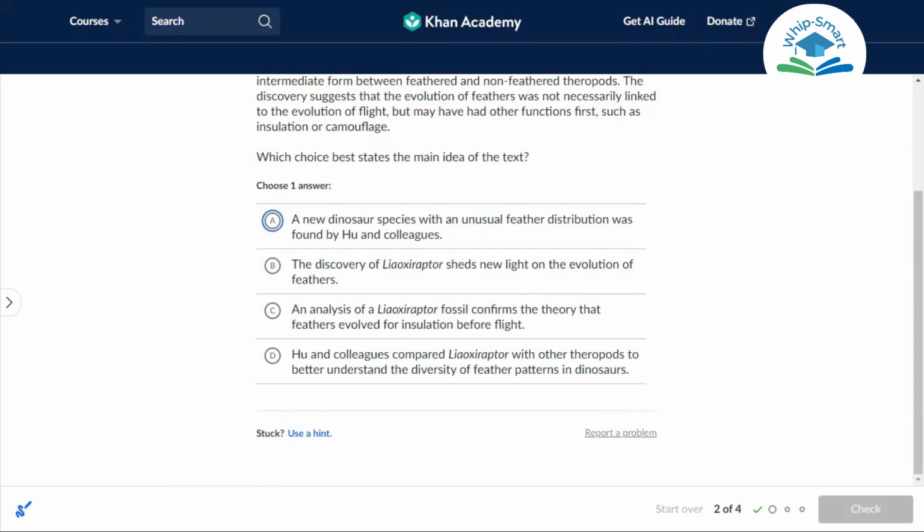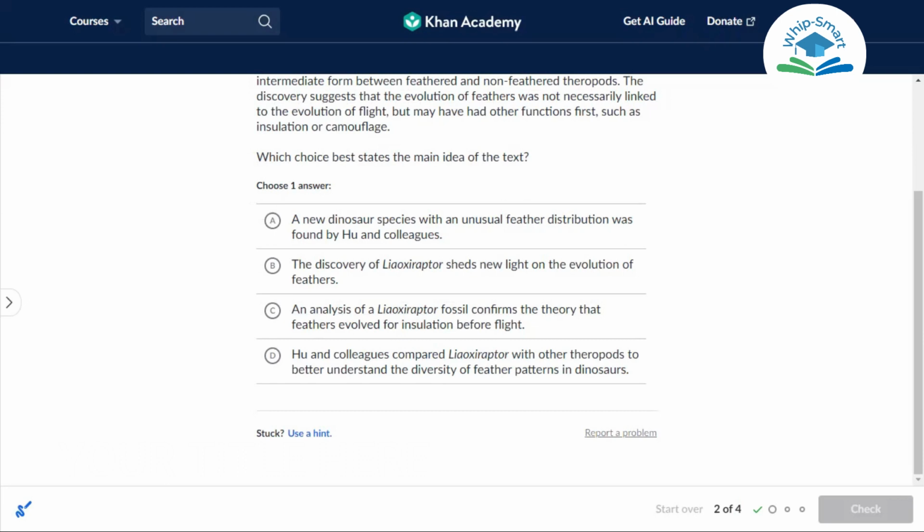No, they didn't know about the camouflage or insulation. The point is that maybe initially it was thought that the evolution of feathers happened along with the evolution of flight, that the feathers came into being in order to help them with flight. But they may have had other functions as well, insulation or camouflage. Got it?